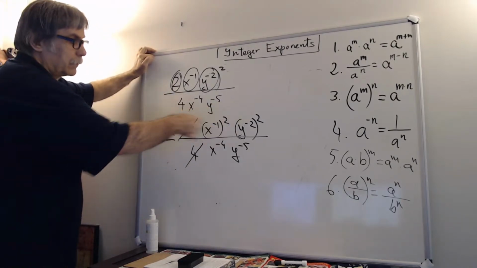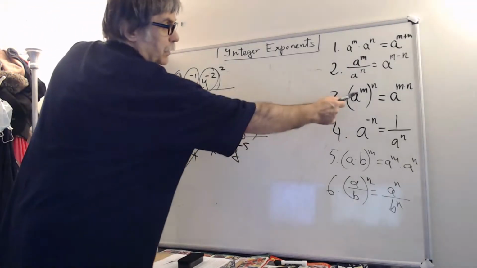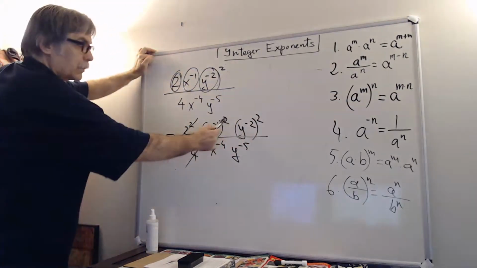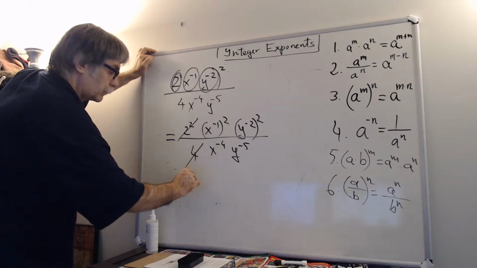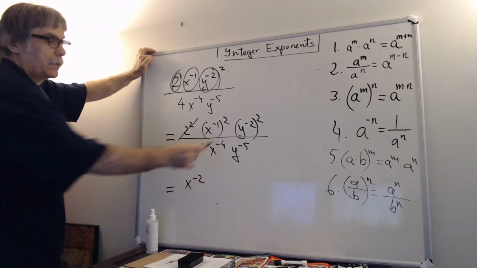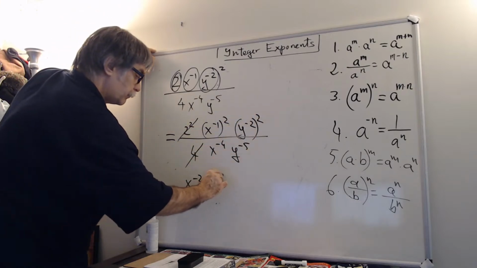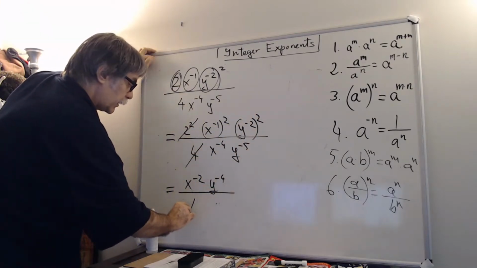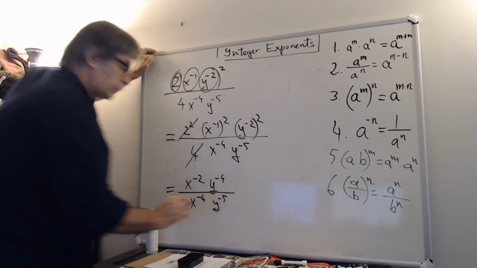What else do we have here? Well, this is a power of power. That's property number 3. So you're going to have x with the power of, you multiply these two. The same thing here: y to the power of -2 times 2. And downstairs you have x to the power of -4, y to the power of -5.